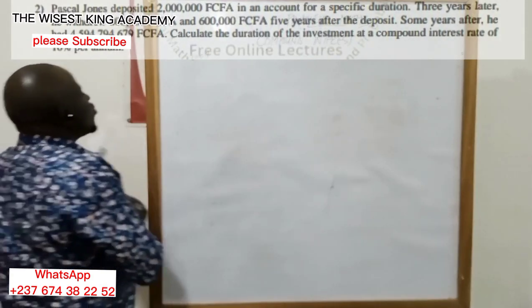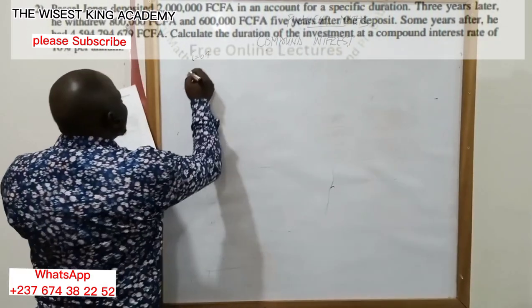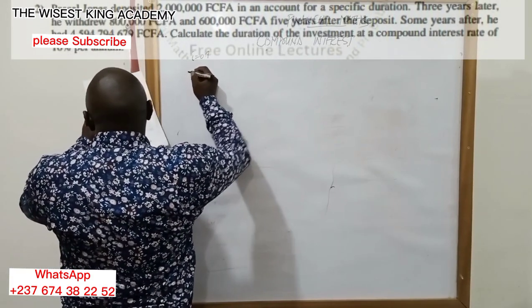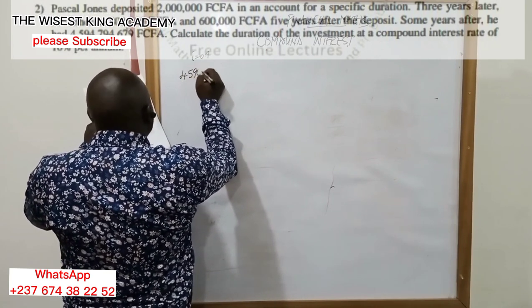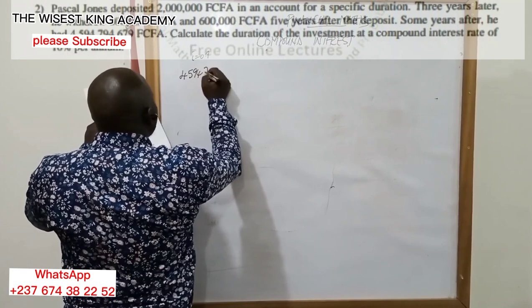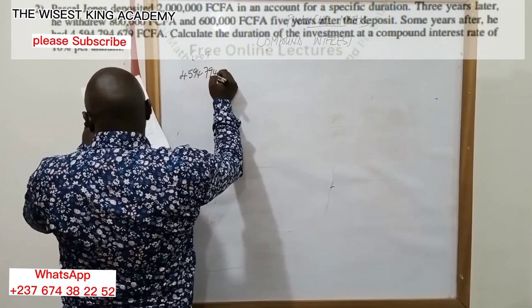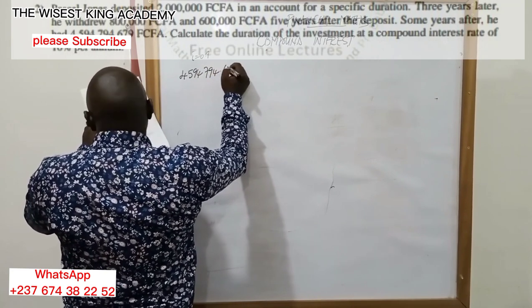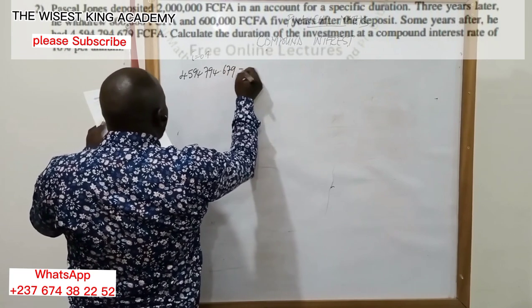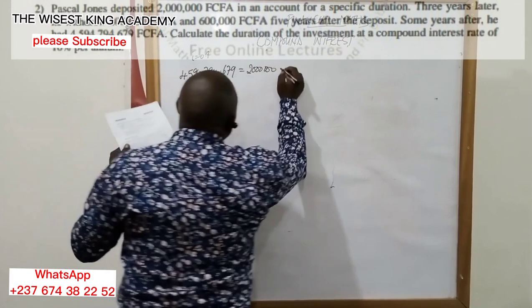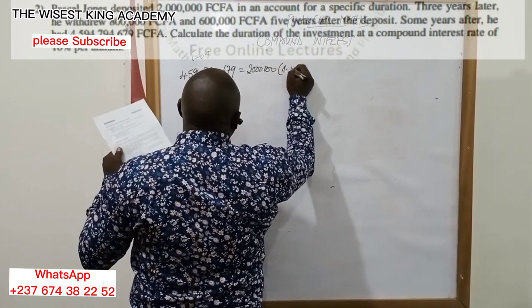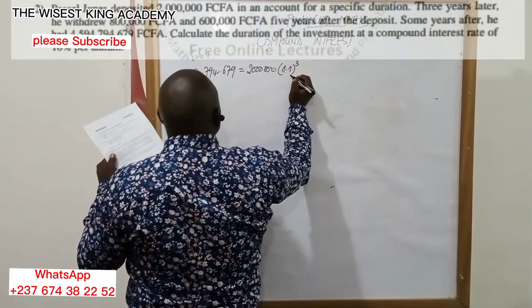So please permit me to just jump there. His acquired value, the amount in his account, which is 4,594,794.679, will be equal to this 2 million that he put. This 2 million made 3 years, so 1.1 raised to the power 3.